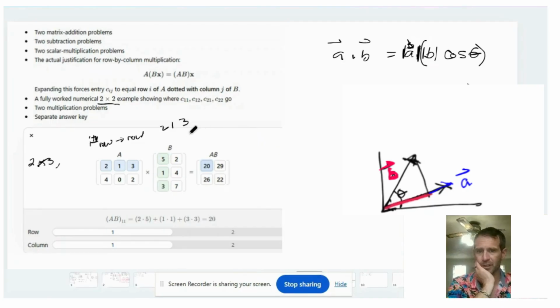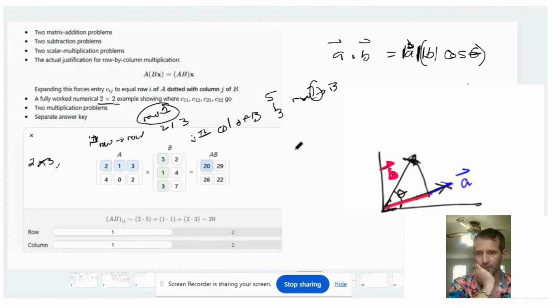And then you're taking the jth column of B, which is going to be 5, 1, 3, right? So the jth column of B is 1. So this is row 1 for A, and this is column 1 for B. Now, that's going to give you entry 1, 1, is what we're dealing with here.